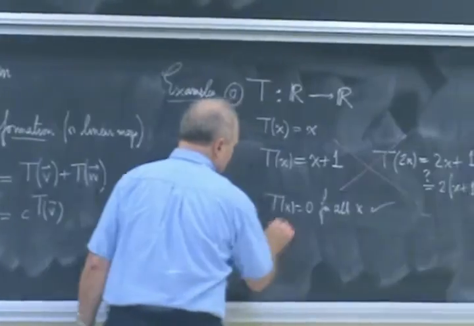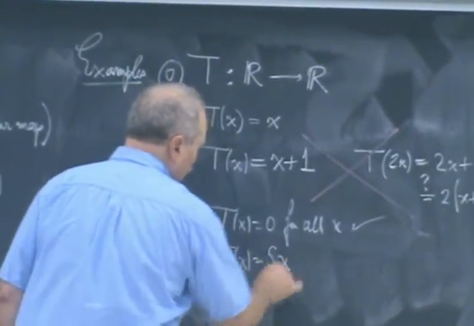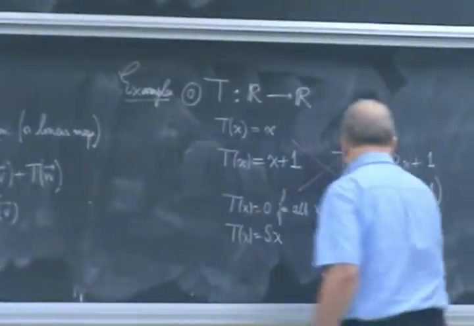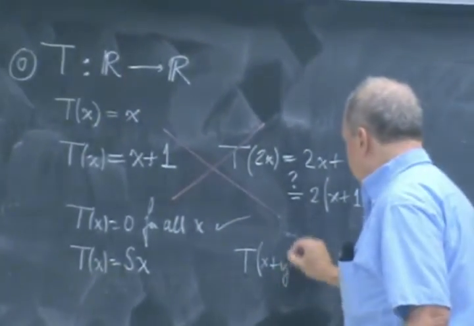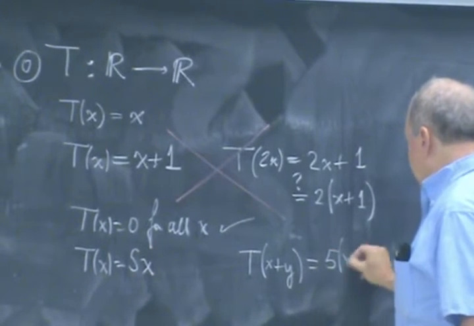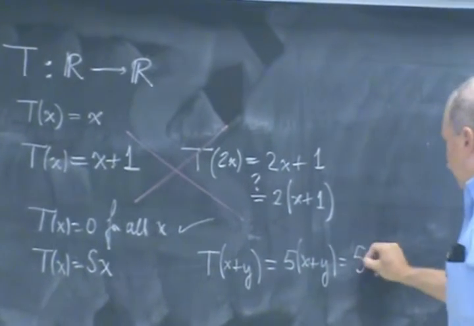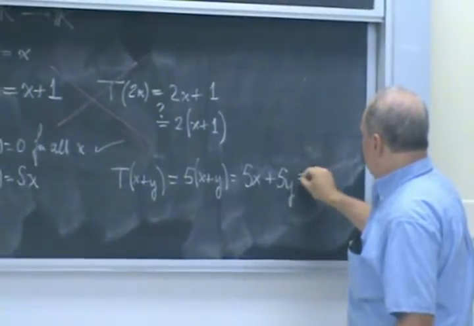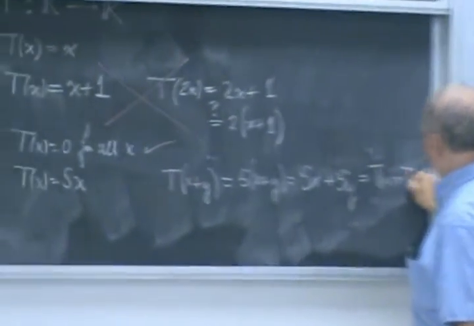Well, let's not use c, but let's say T of x equals 5x. Does that work? Yeah. So if I take T of x plus y, I get 5 times x plus y, which is 5x plus 5y, which is what it's supposed to be, T of x plus T of y.